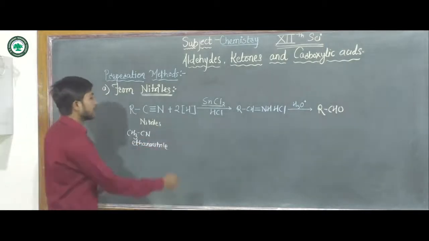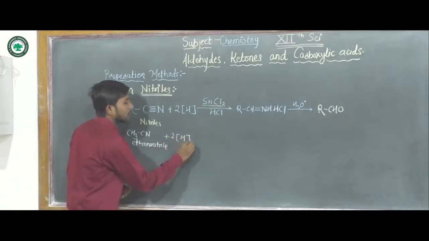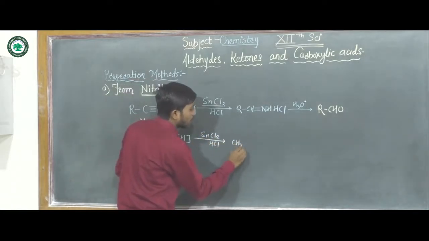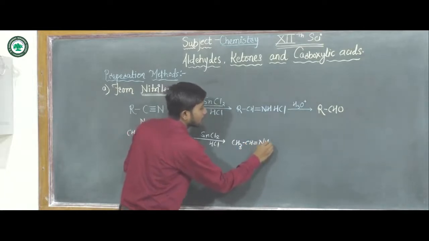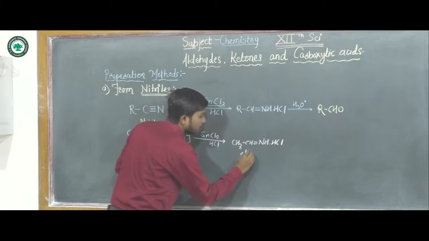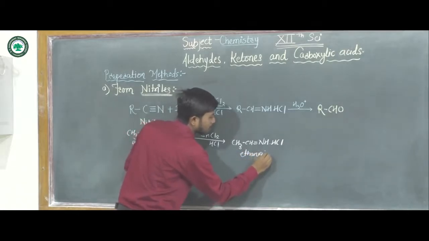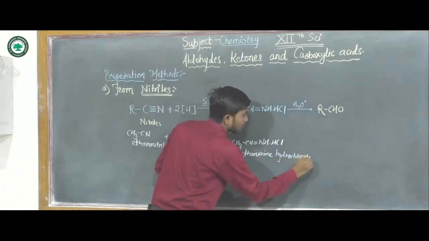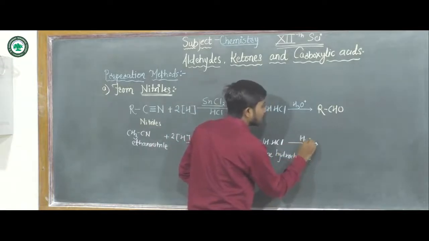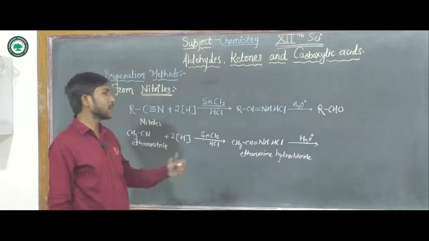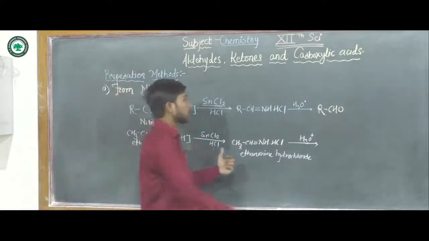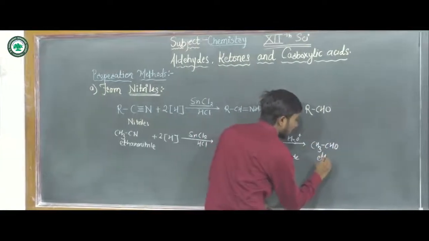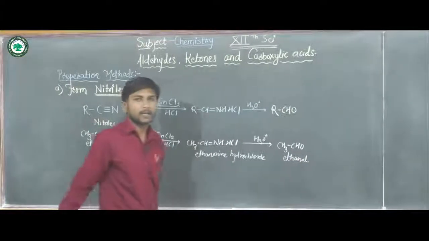When this ethane nitrile is reduced by using stannous chloride in HCl, there is a formation of ethanimine hydrochloride, which on acid hydrolysis, where simply hydrogen is added to the corresponding group, gives the product ethanal.